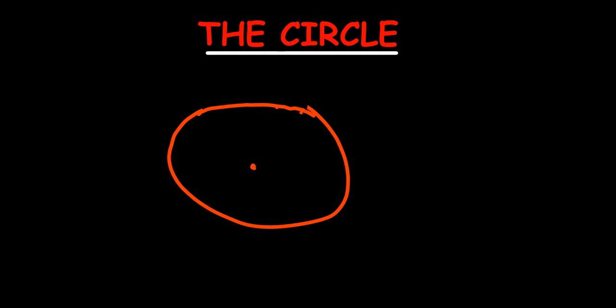Meaning if I measure from here to there, and from here to there, it has to be the same distance. From the center to any point on the circumference, it's going to be the same distance. That's what equidistant means. That's basically what a circle is.